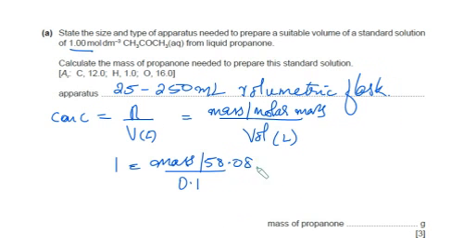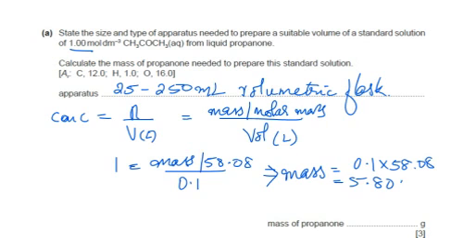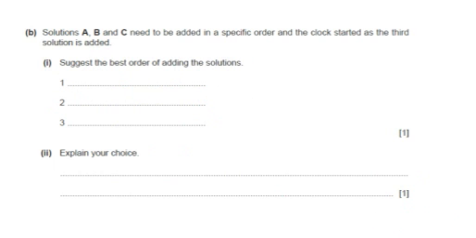So now when we calculate the mass, we get 0.1 times 58.08, that is 5.808 grams. So here the mass of propanone is 5.808 grams.